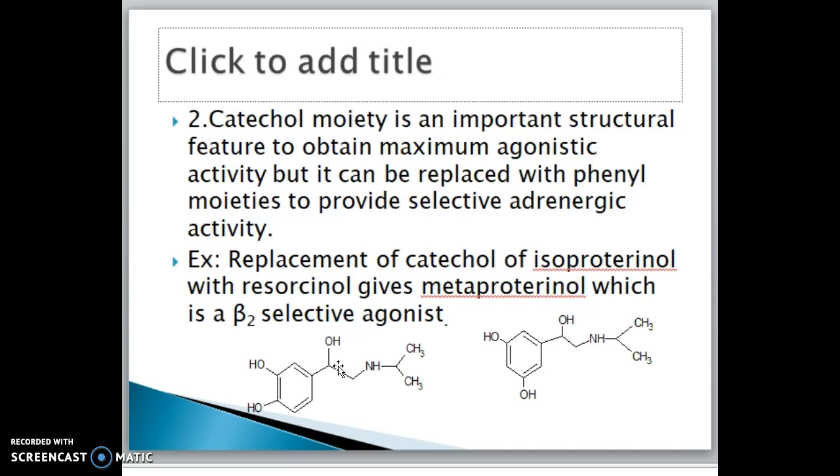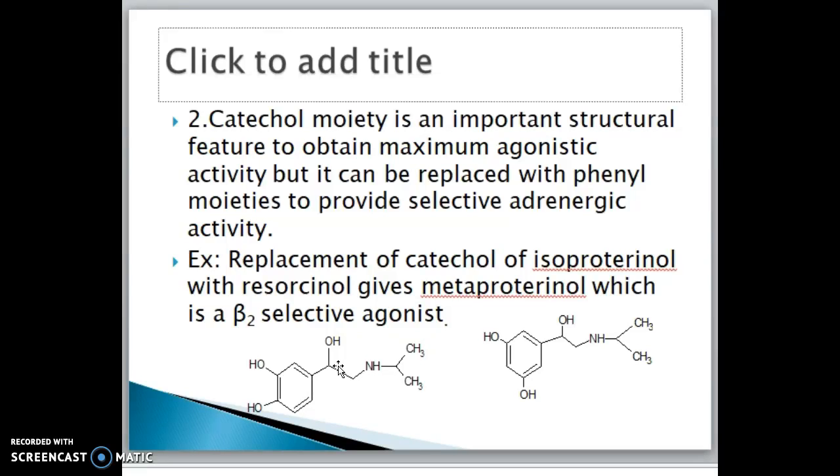Next, moving on to modifications. As we have just seen, the 3rd and 4th positions on the phenyl ring are the most important for substitutions. When the 3rd and 4th positions are both substituted with hydroxyl groups, we get the catechol moiety, as we have seen in most of the directly acting sympathomimetics. That's why we can consider the catechol moiety an important structural feature to get not only the maximum agonistic activity but also selective adrenergic activity.